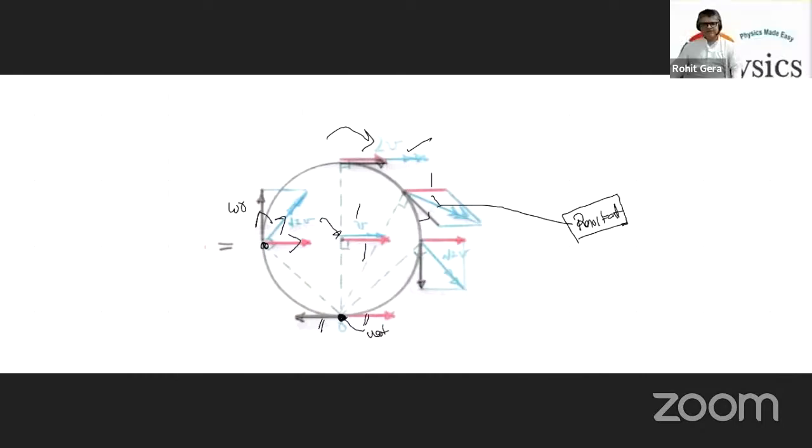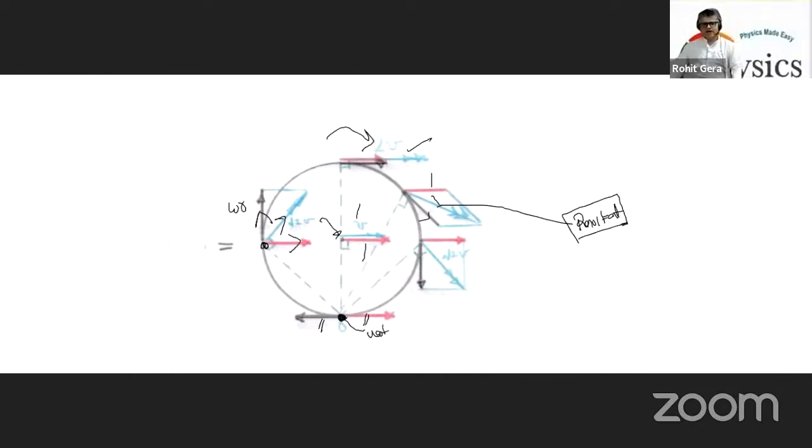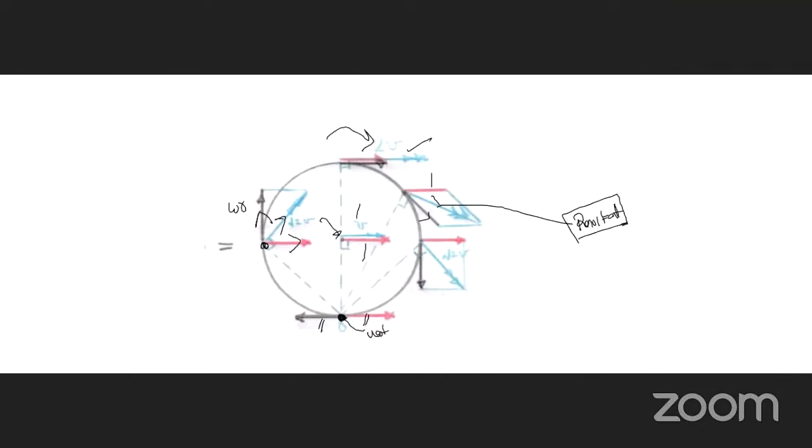Yes. Alpha into RCP, so this is your angular acceleration. The product is visible at point P. Zero. Look at omega.